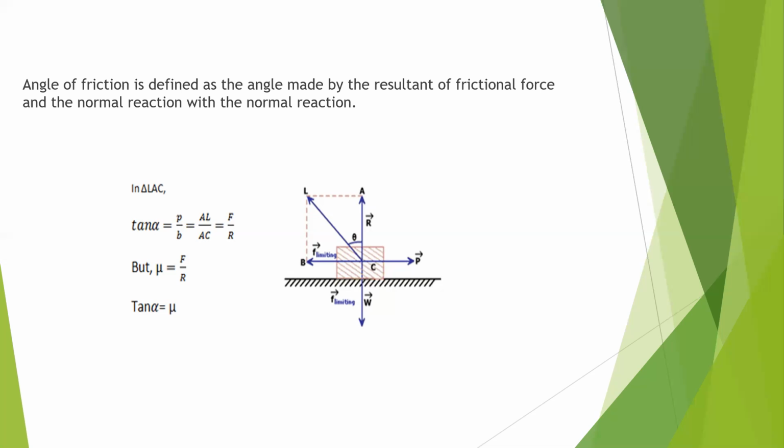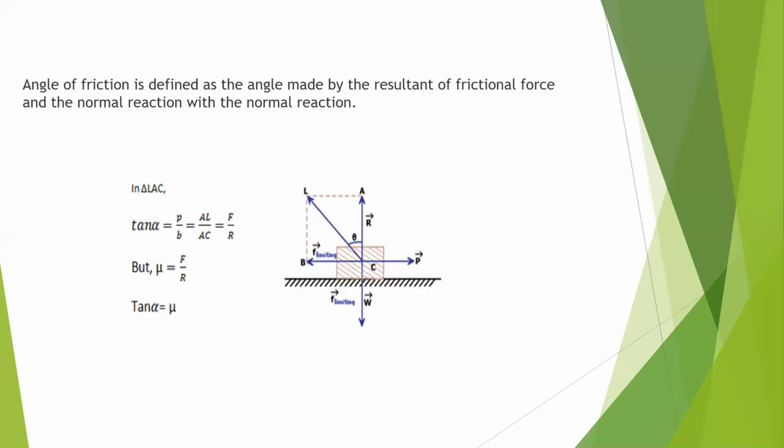It is the angle between the frictional force, which is in the opposite direction, and the normal force, which you can see in the figure is in the upward direction. Whatever angle is created between them is called the angle of friction.